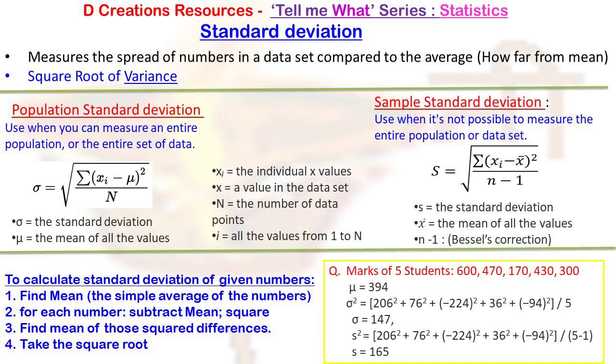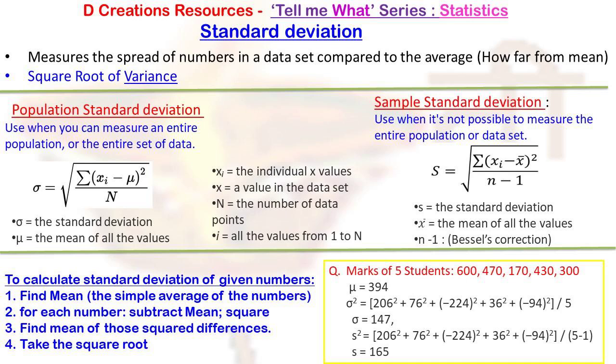So basically it will be the addition of 42436, 5776, 50176, 1296 and 8836. And when you add all of them up, you get a big number, 108520. It's a 6-digit number. And since again the marks were for 5 students, whatever this addition you've got, you're going to divide by 5. So the answer is 21704. So this is the variance.